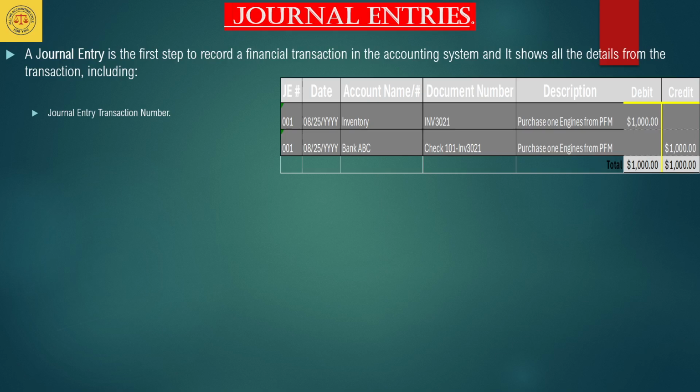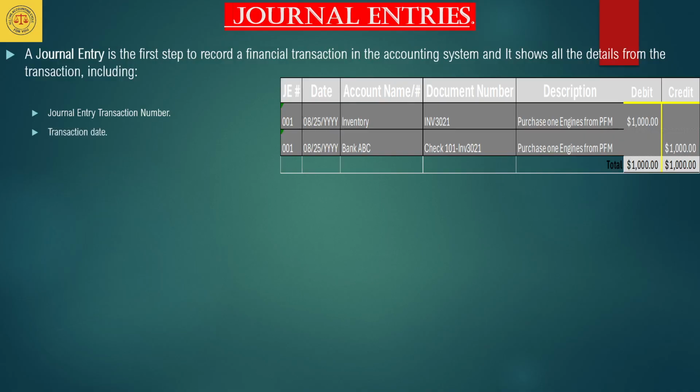Now, in computerized accounting systems, those software packages are usually already set up to provide you a specific number. Each time you do one journal entry, they assign a number. But it's very important to have one. It's going to be one of the keys to find transactions or to identify the journal entries.